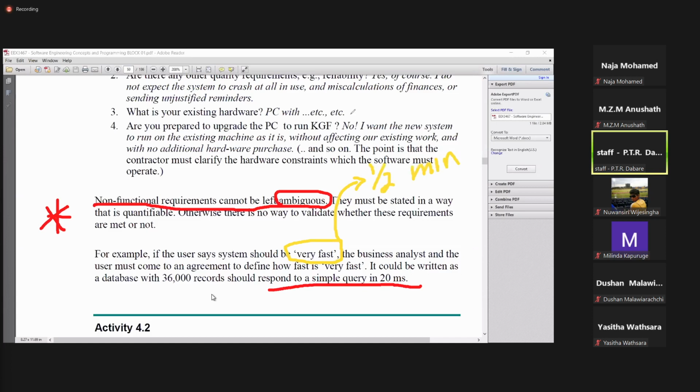But if I ask another student, you might say it should respond in 1 minute, or within 10 seconds. See? Why is there this ambiguity here? Can someone tell me why?